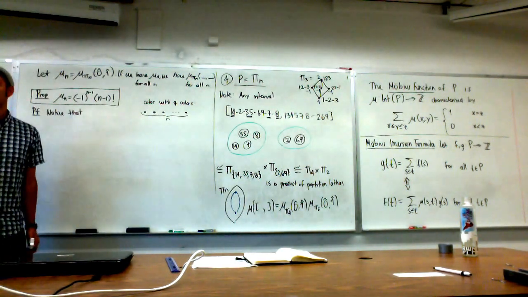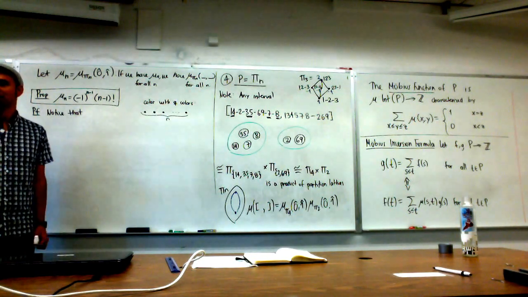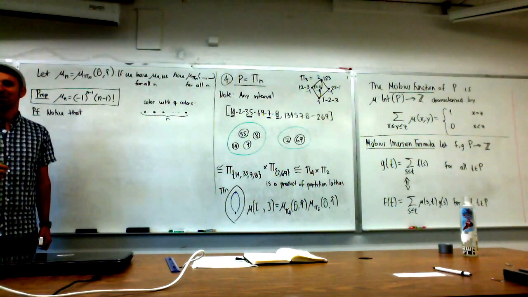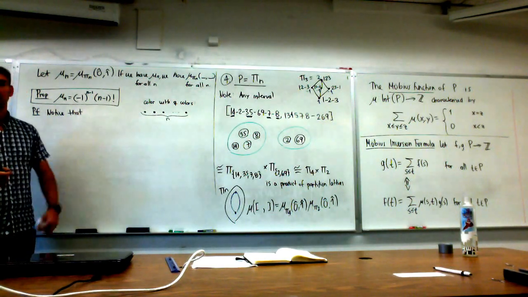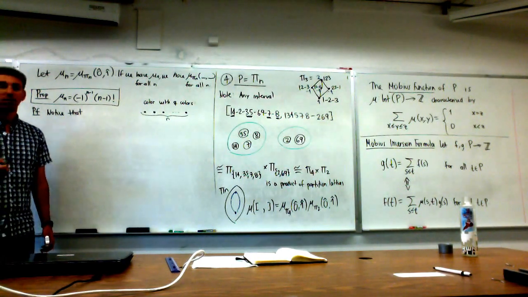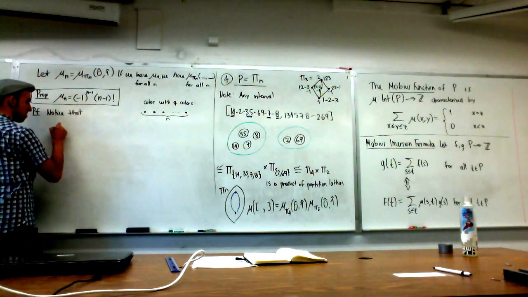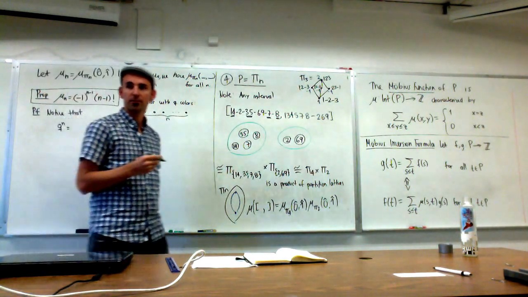So each one gets a color, and that's it. The counting problem is very simple. The colors are numbered 1 up to Q. So how many ways are there to color this thing with Q colors? Just Q to the n. Okay? This is one way of counting this.